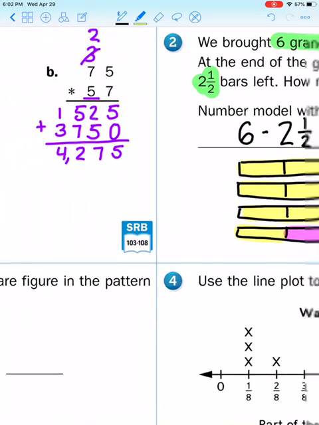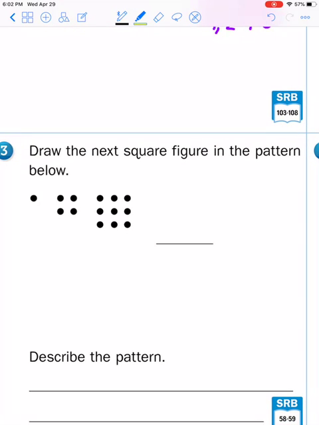Okay, problem number 3. Draw the next square to fill in the pattern. So it went from 1 dot to 4 to 8. So every time they are adding a column and a row.